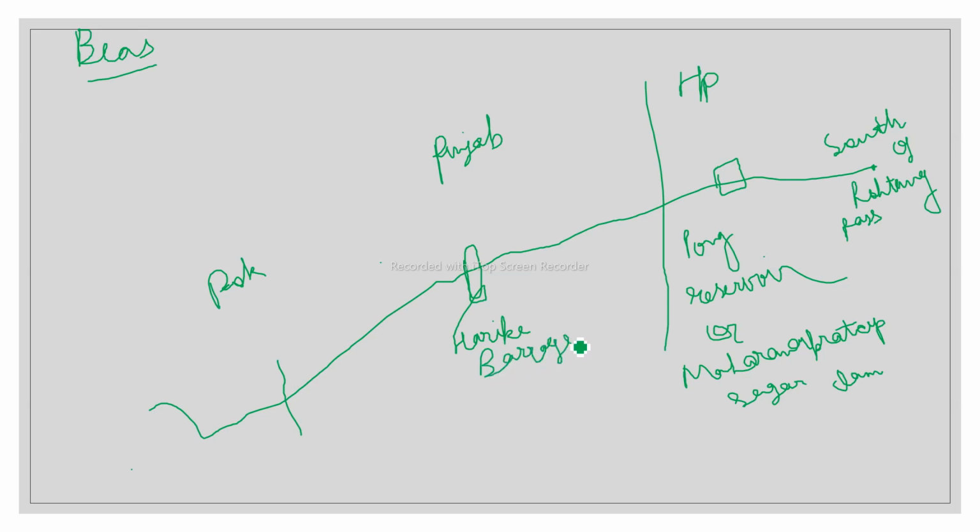In Harike, the Satluj and Bias meet. Bias is a tributary of Satluj, so Bias is meeting Satluj. One thing you should know, the place where it meets Satluj is called Harike. It is in Punjab and there is Harike barrage also there. So this is the course of the river Bias.